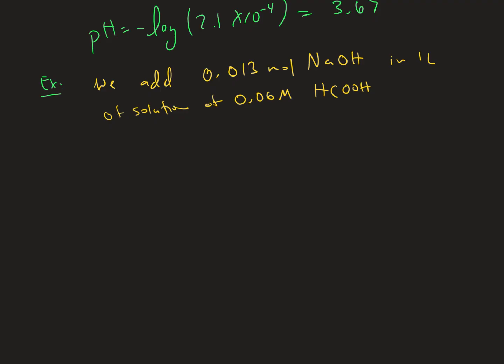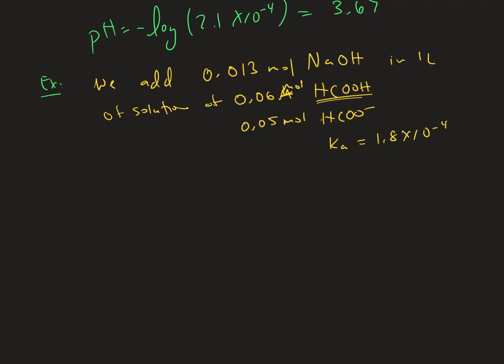So this is a continuation from the last problem. So we also have 0.05 moles of my HCOO minus. And my Ka, it's a constant, so for this particular acid, my Ka in equilibrium is still 1.8 times 10 to the negative 4.